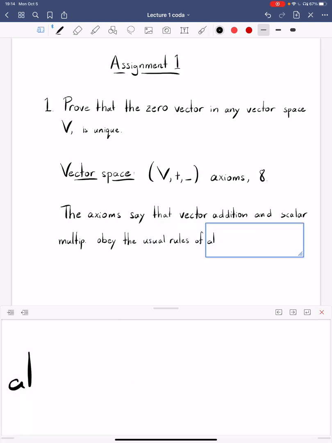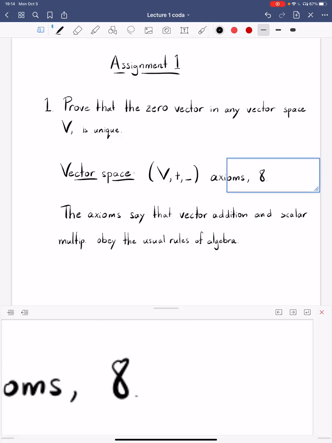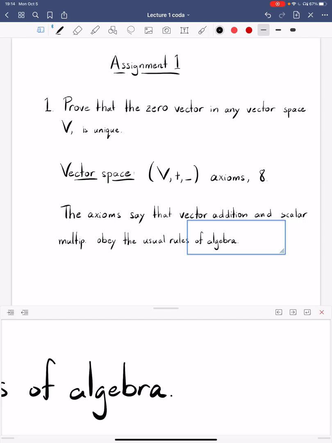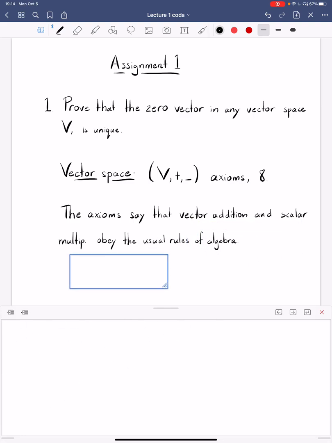Okay. And of course, if somebody asks you what the usual rules of algebra mean, well, then you have to come back to these eight axioms and start telling them about that. But let's just keep this in mind as our heuristic, as our guiding principle. And then we want to see if understanding what a vector space actually is now sheds any light on problem one. Hopefully it does, because this is something that's supposed to be a direct consequence of the axioms.